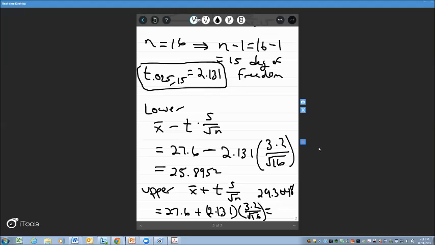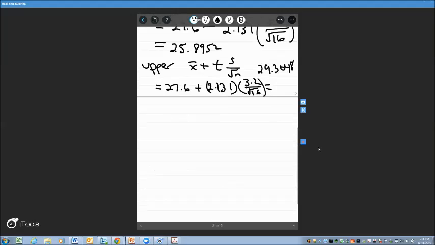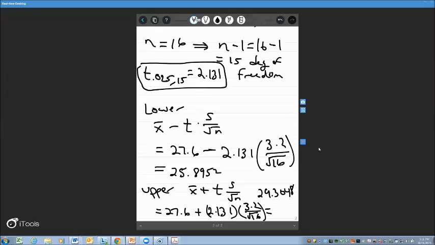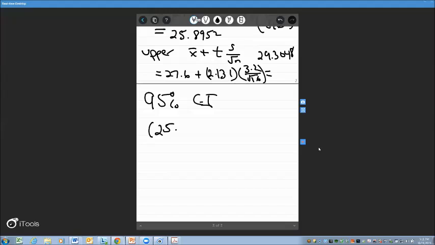So our 95% confidence interval is 25.8952 to 29.3048.